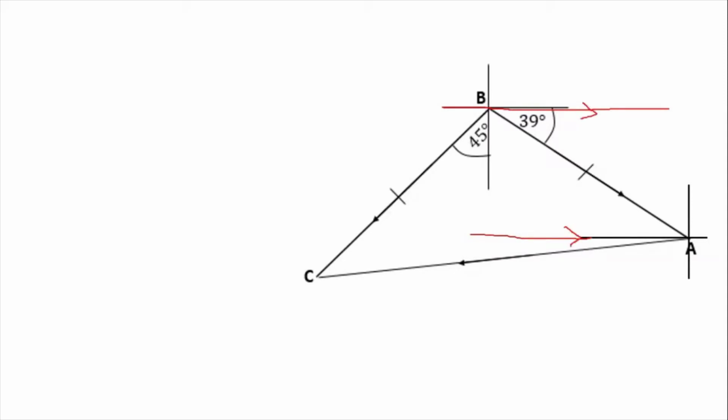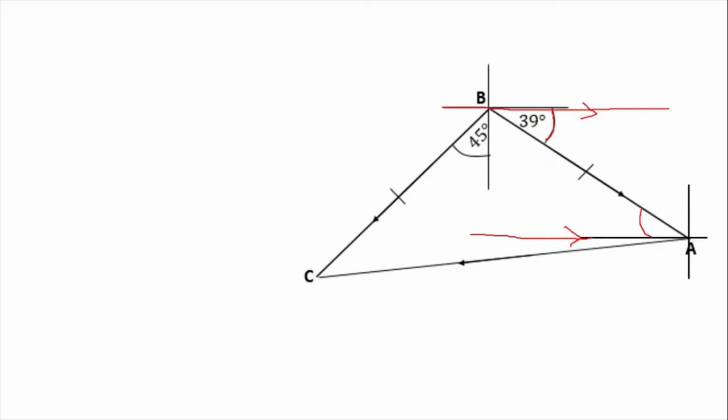They are never going to meet. So this line and this line are parallel lines. If they are parallel lines, then line AB is a transversal. From the angle properties of parallel lines, you can see clearly that this angle here, the 39 degrees, and the angle here are alternating angles.